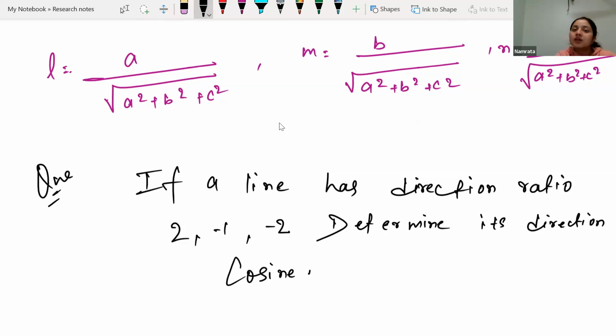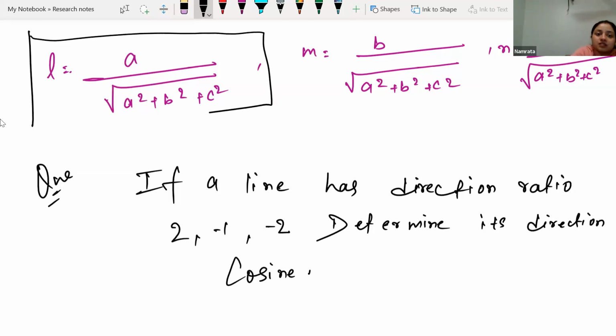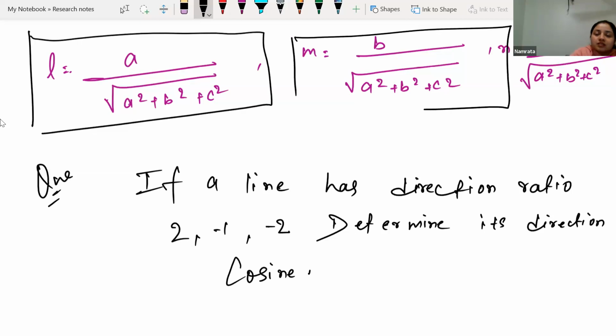Direction cosine means cos alpha, cos beta, cos gamma, which can also be written as L, M, N. So whenever it asks for direction cosine, either we think about finding cos alpha, cos beta, cos gamma, or we think about finding L, M, N if there is a relation related to that. Just above this question, you can see the relation I have written, that L can be found like this, M like this, and N like this.